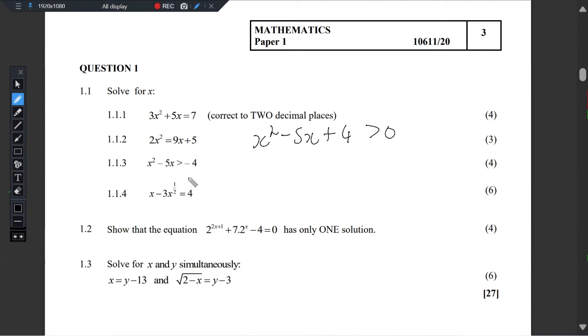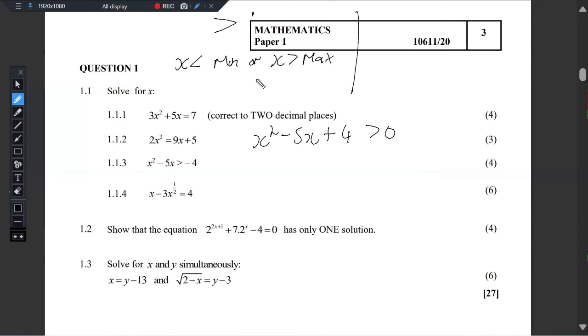But you will remember from watching my videos on algebra that I said if the sign is facing that side, like this, it's a greater than sign, then your answer for the inequality is usually in this manner here. This is where you find x less than the minimum value or x greater than the maximum value.